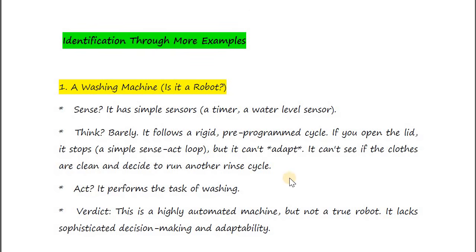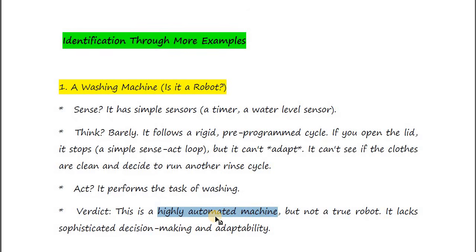This is done by us. So after the washing, if I feel that, come on, the dirt was much more on our clothes, so we need to rewash. All that thinking is done by a human, so it cannot think. Now can it act? Yes, it performs the task of clothes washing. So what's the verdict? This is a highly automated machine.